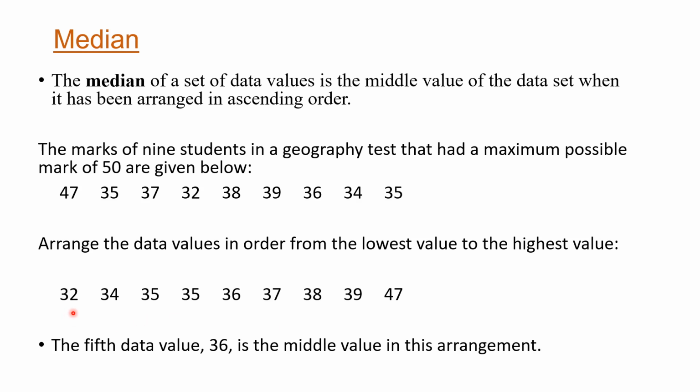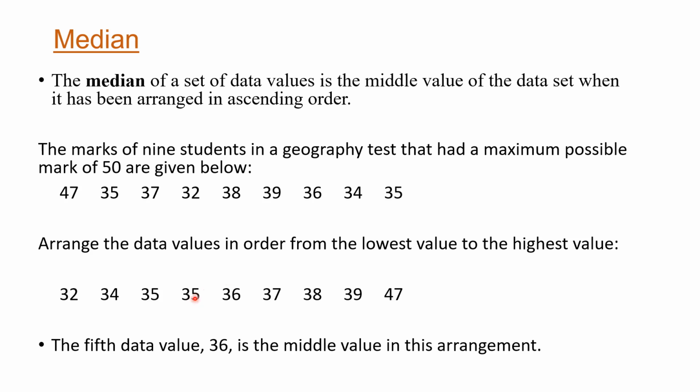Here, how many numbers are there? 9 numbers. Then which place is the middle number? That is the 5th place, right? 1, 2, 3, 4, and this is the middle value, and then 1, 2, 3, 4, right? So 36 is the middle value. So the median of the given data is 36.